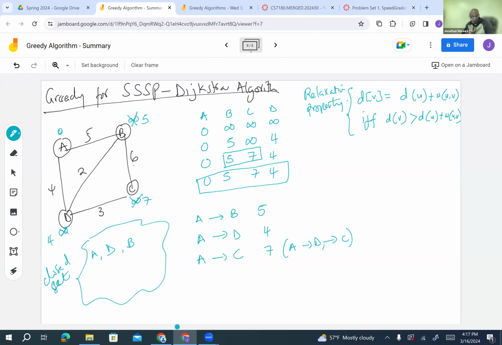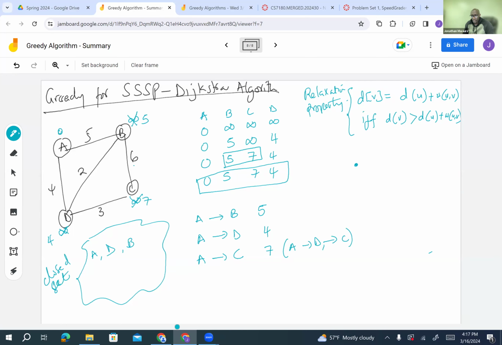yield anything. Now, important here is that for any particular sub-solution, we considered A as a sub-problem, and the sub-problem was from A to its vertices. Why are we considering that as a sub-problem?